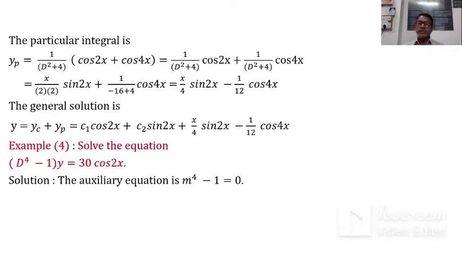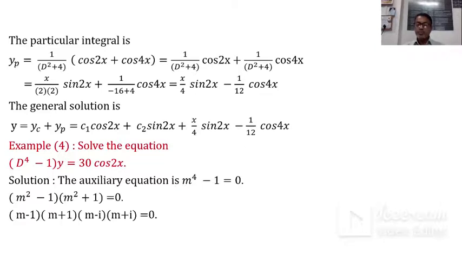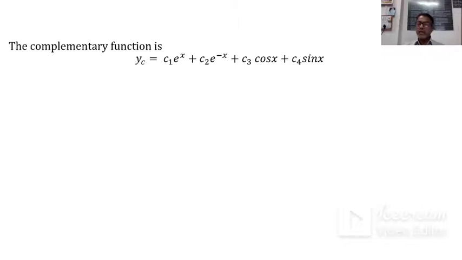Again, we factorize it. m square minus 1 is (m minus 1)(m plus 1), and m square plus 1 is (m minus i)(m plus i). Means the total factors are (m minus 1)(m plus 1)(m minus i)(m plus i) is equal to 0. Therefore, what are the values of m? 1, minus 1, i, and minus i.